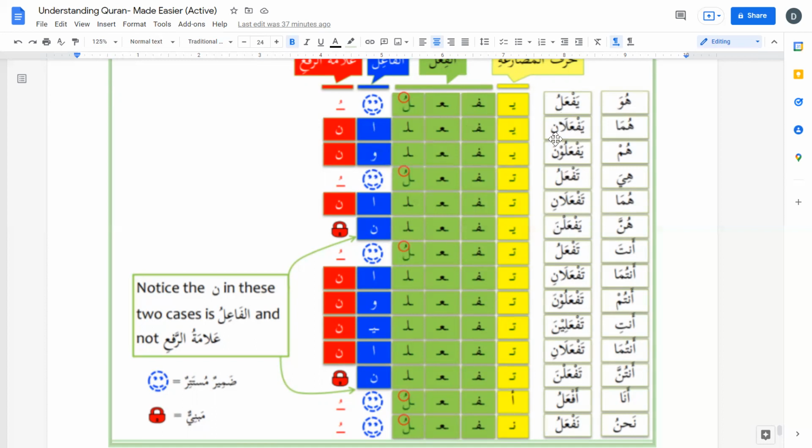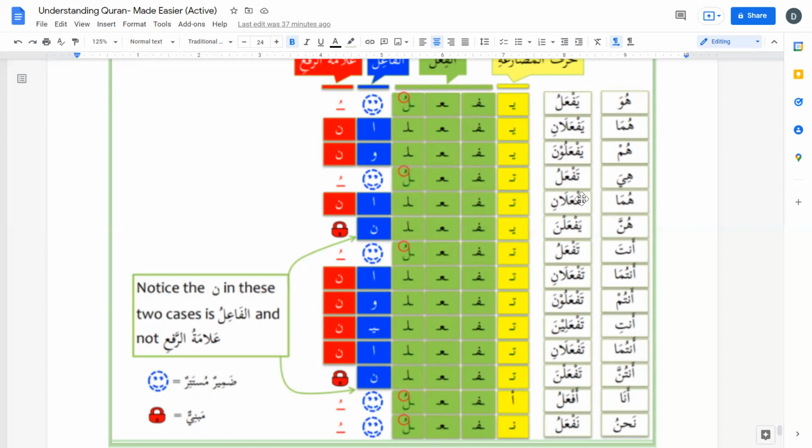And then this vaw is the fa'il in yaf'aluna. Vaw is again the fa'il in taf'aluna, antum taf'aluna, you all do, or you all are doing. So vaw is here for antum, and vaw is here for hum, they.